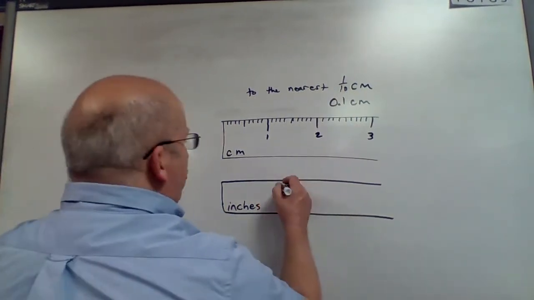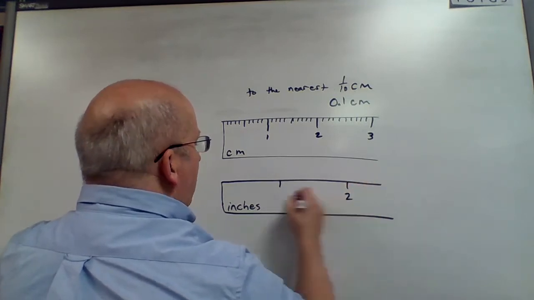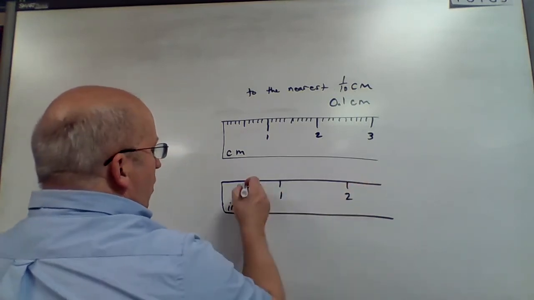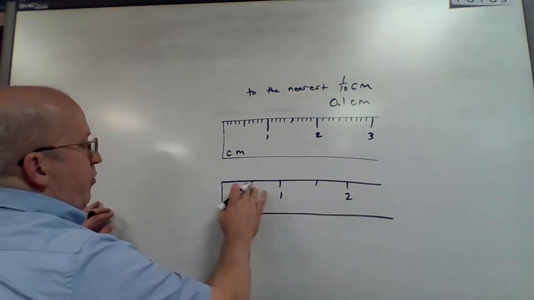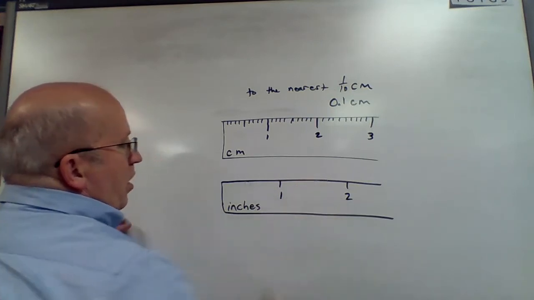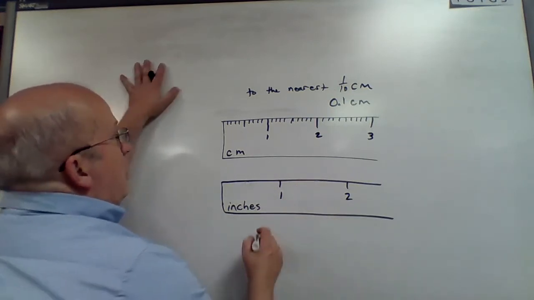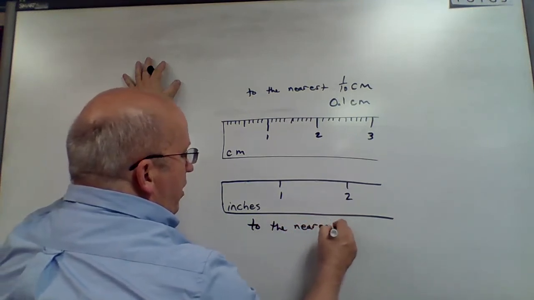Now, with inches, they do it slightly differently, and hopefully you're aware of that already. First of all, let's say we had a ruler that looked just like this. How precise would that ruler be? It would be precise to the nearest inch, right?